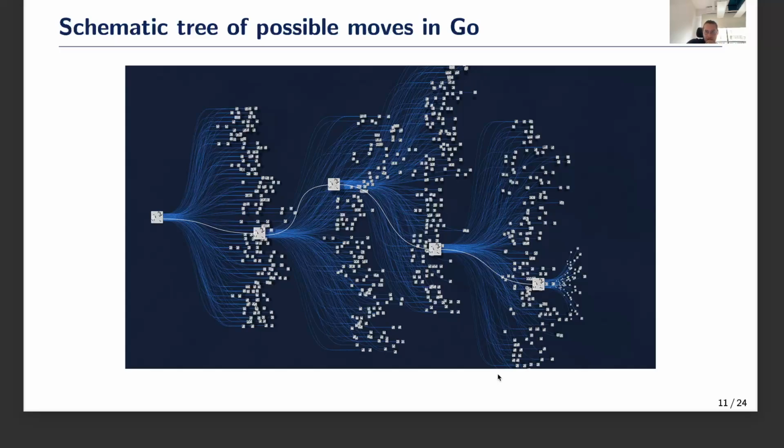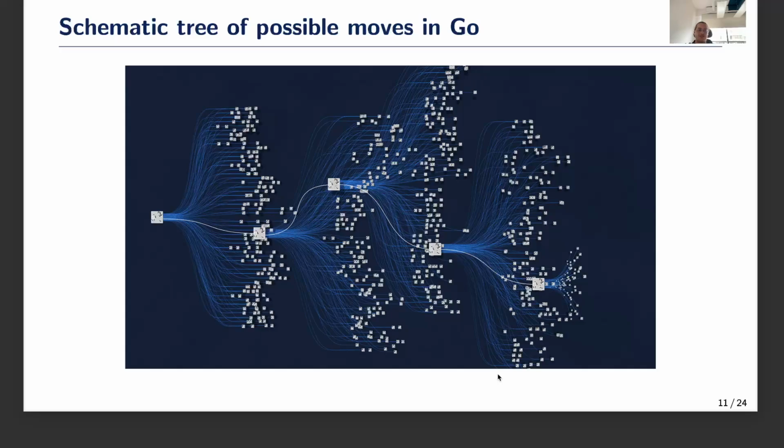In Go, it's often over 200, and that happens every single turn. Multiply that across a game that can last 200 to 300 moves, and you get a search space of more combinations in Go than atoms in the observable universe.